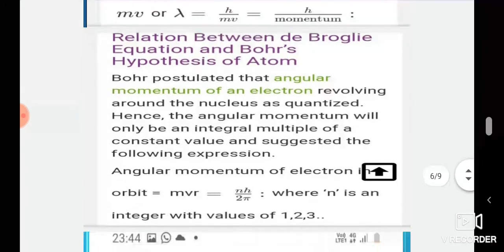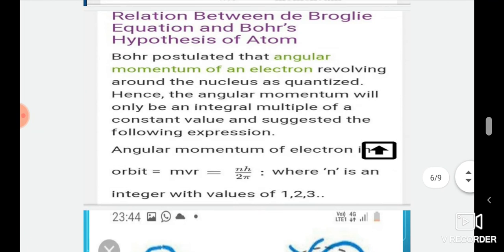Okay, now we can give the relation between the de-Broglie equation and Bohr's hypothesis of the atom.